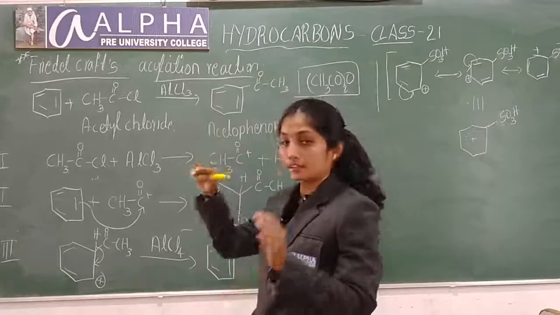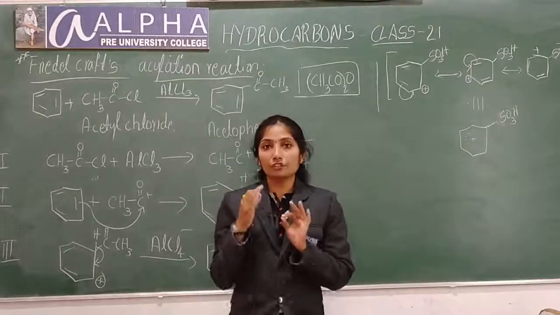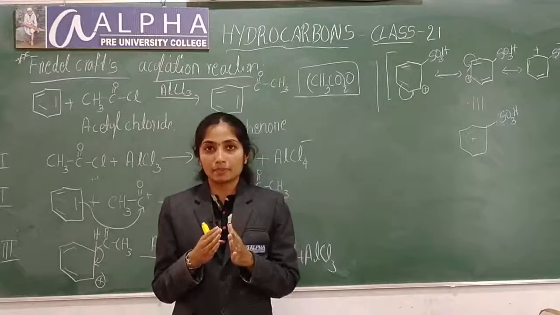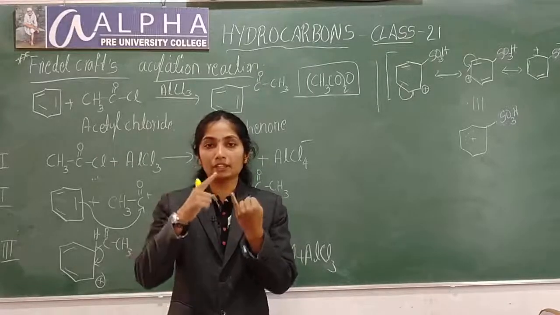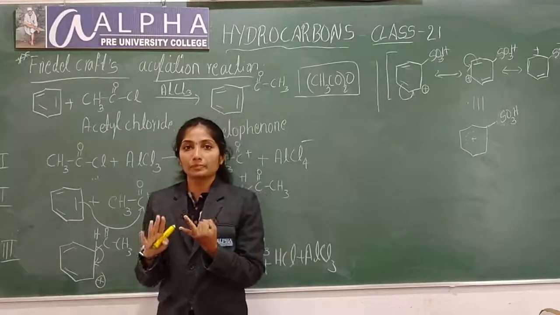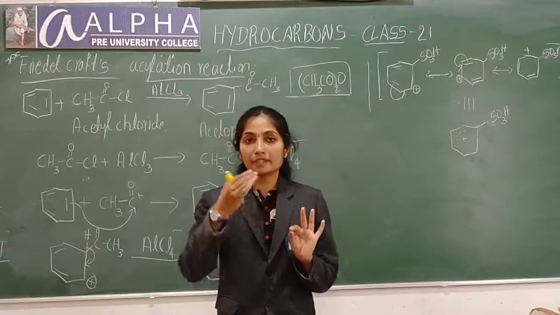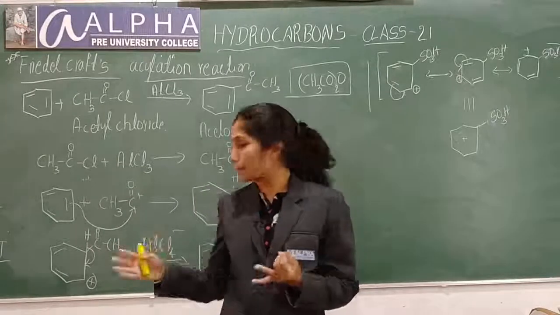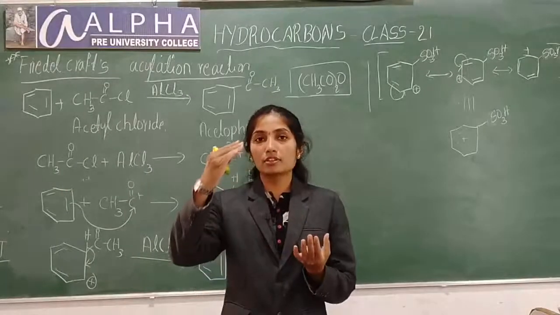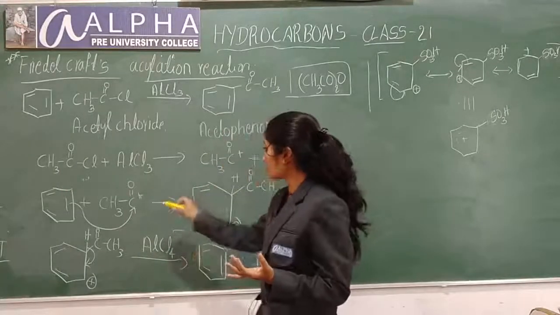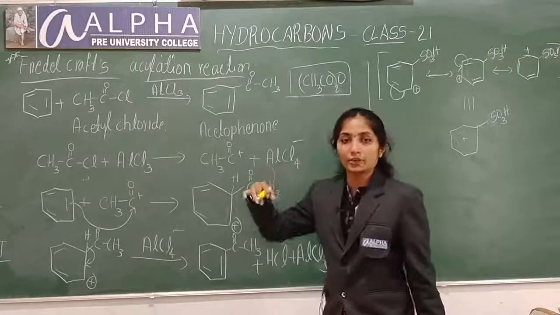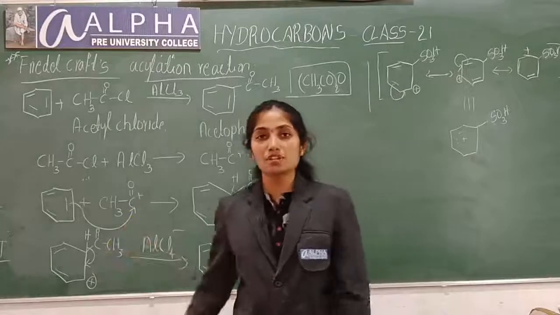In all these reactions, electrophile generation is different, and all other steps are the same. First electrophile generation, second step is attack of electrophile, and third step is elimination of proton. All the steps are the same, just learn the general mechanism and this group will be changed. In every reaction, change this group like this. So this is about electrophilic substitution reactions of benzene.